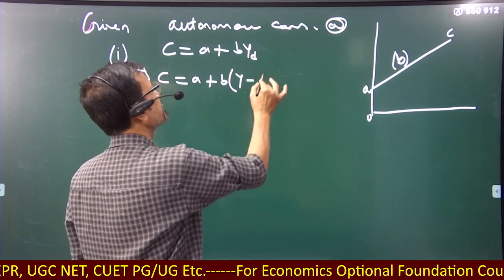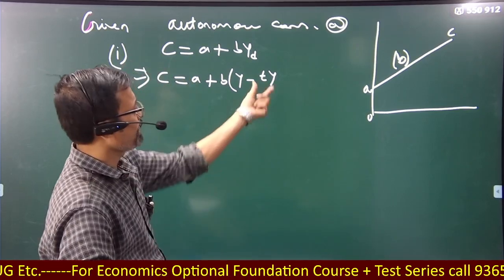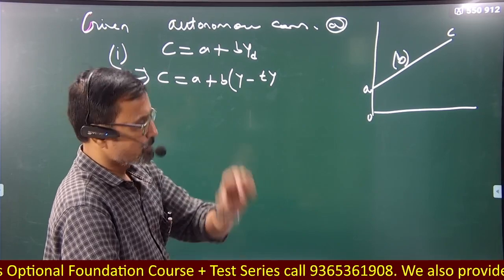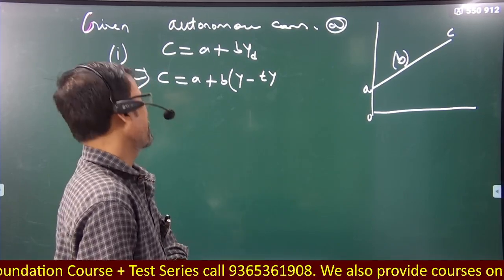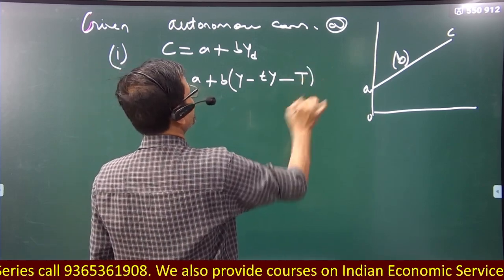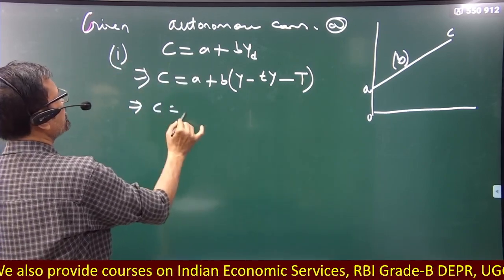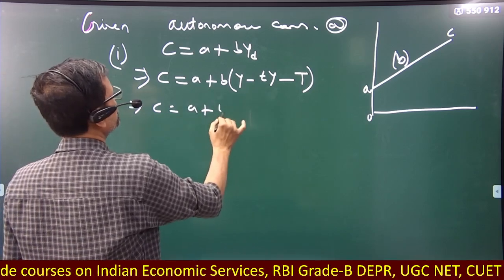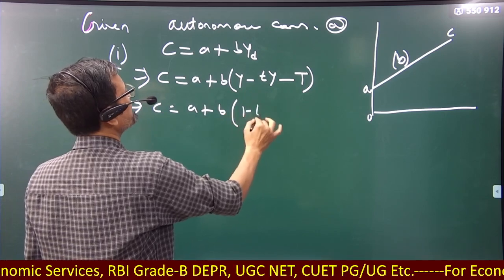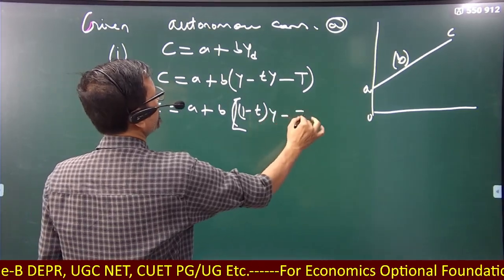Income minus the rate of income tax multiplied by income, so we get the total amount of tax levied by government, and minus autonomous tax. So this is how we get C is equal to A plus B times (1 minus t) Y, minus T.